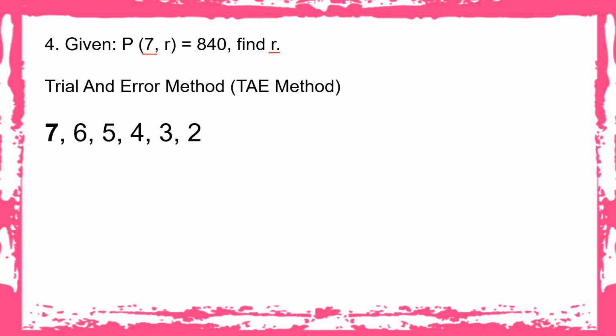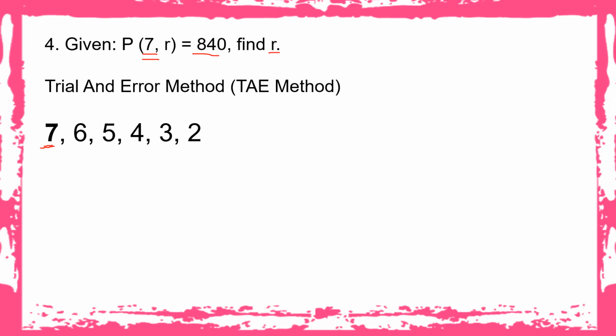So I have here descending consecutive numbers starting from number 7 because the value of n is 7. And I need to look for the consecutive numbers starting from 7 where the product is equal to 840.